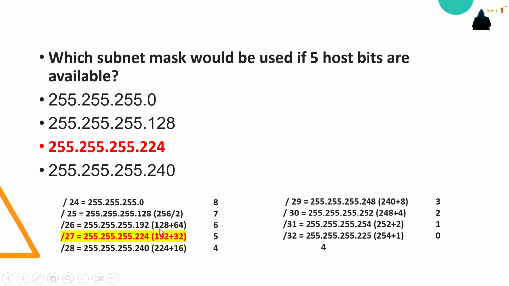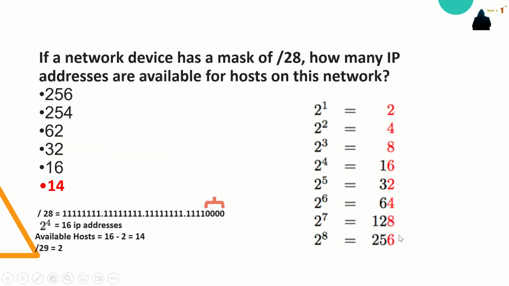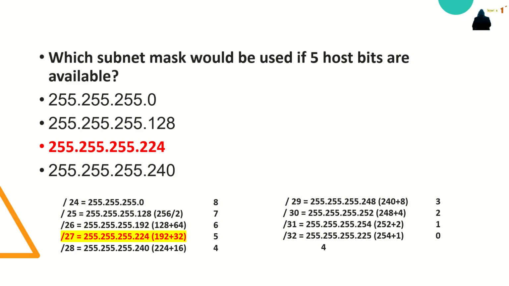How to calculate it? 128 plus 64. For /27, 192 plus 32. You can see 64. The first one is 128, 64, 32, 16, 8, 4, 2, 1, and this one works vice versa. You can calculate it based on this formula.